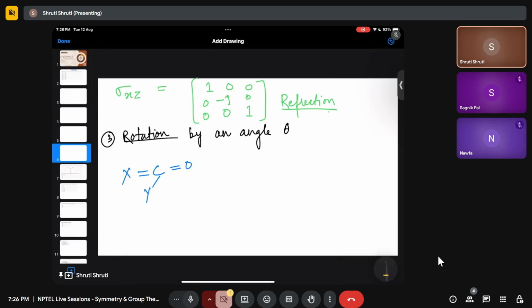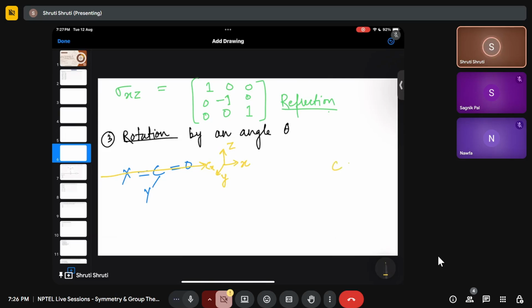Now here this is the coordinate system XYZ. So if I do a rotation like this on this axis, suppose this is Cx, rotation by 180-degree, what will happen?